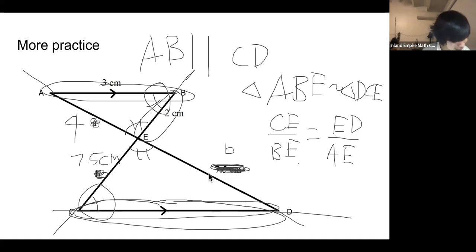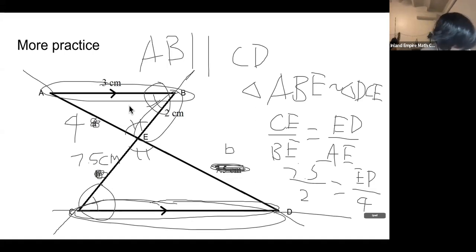But yeah, so basically you can do it like this, and after this you can use this ratio right here to say that CE equals 7.5, right? And BE equals 2, which will equal ED, which is just our unknown, and AE, which is our 4.